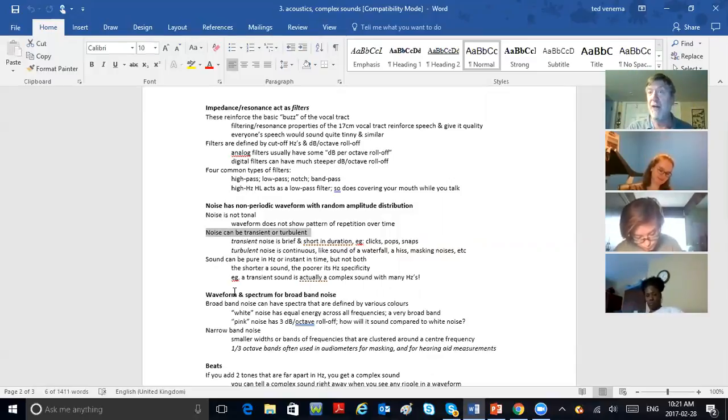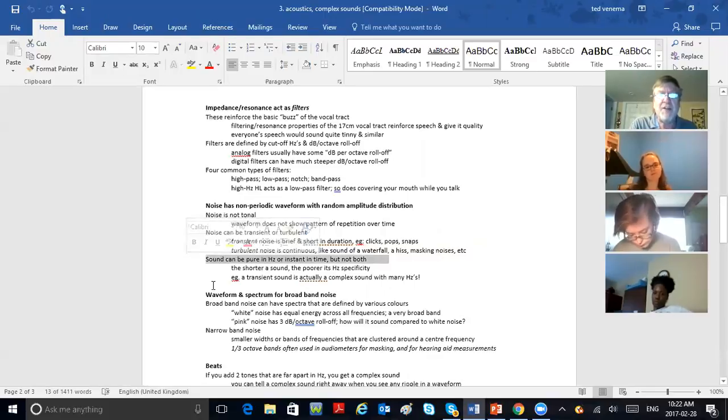But what about the letter F? I can continue that one. So pops and fizzes. Pops would be transient, fizzes turbulent. So transient noise and turbulent noise are two different types of noises.